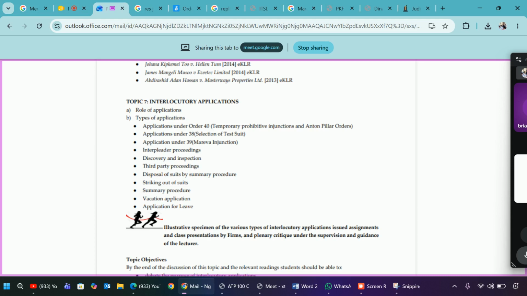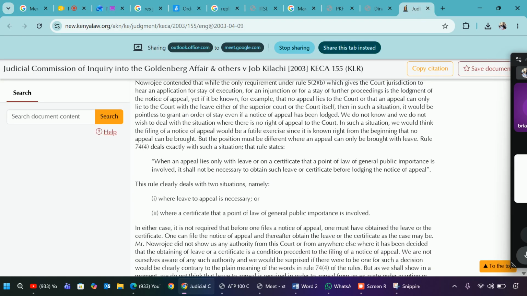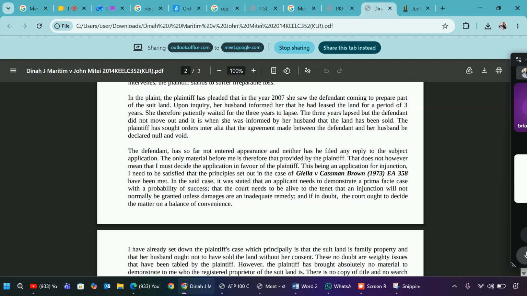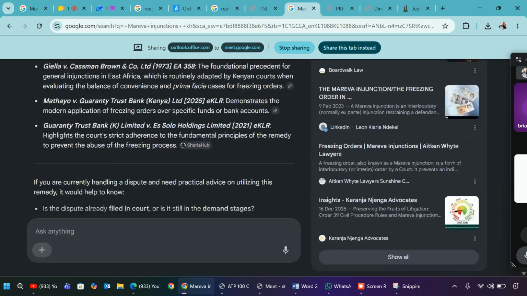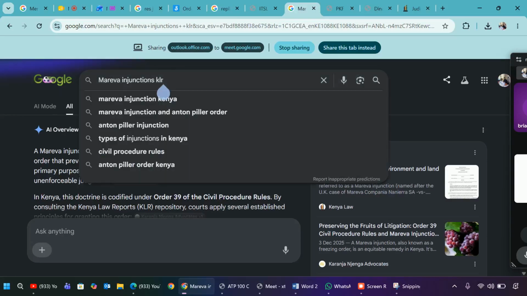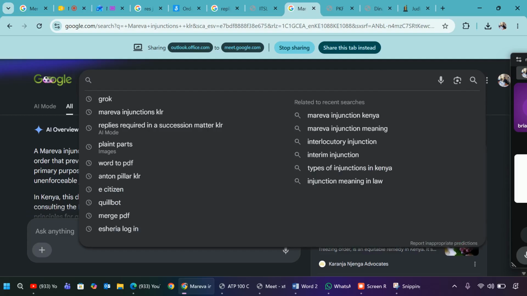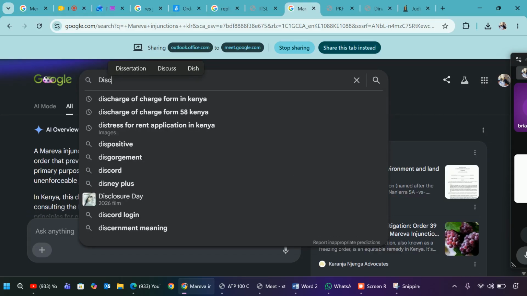Did students really understand what we refer to as discovery and inspection? Where do you file these documents? Let us look directly at what the Kenya Law provides.